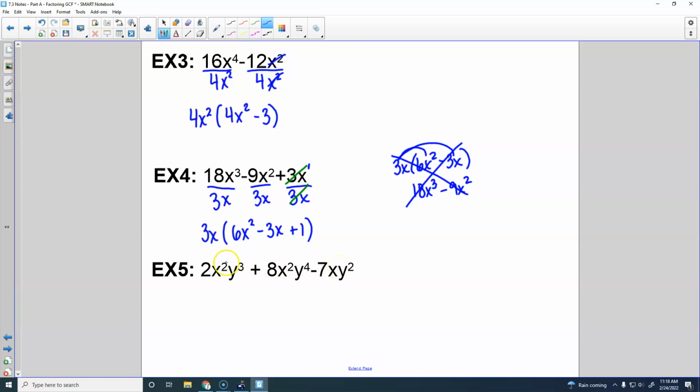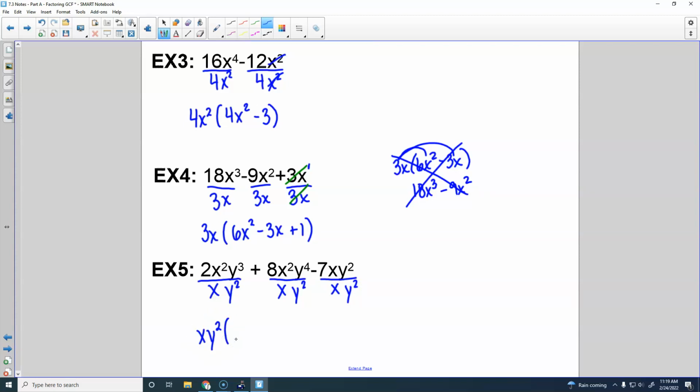Here I've got 2 x's, here I've got 2 x's, but here I've only got 1. So I can only take out a single x. And then for y's, I've got 3 here, I've got 4 here, I've got 2 here. So my lowest is 2. So I could take out 2 y's. So I would have that xy squared written out front.